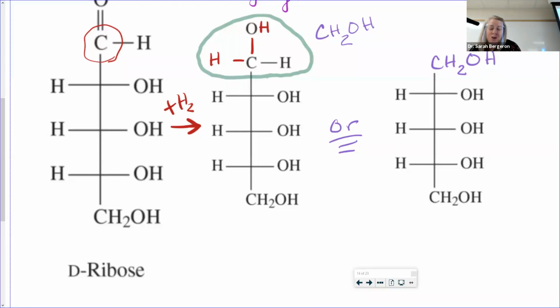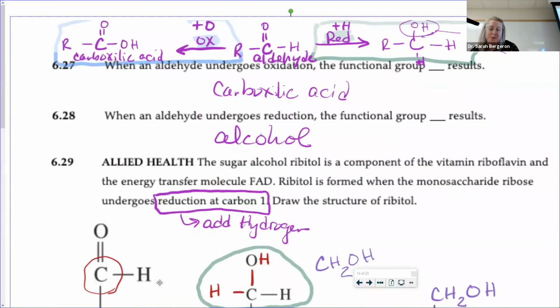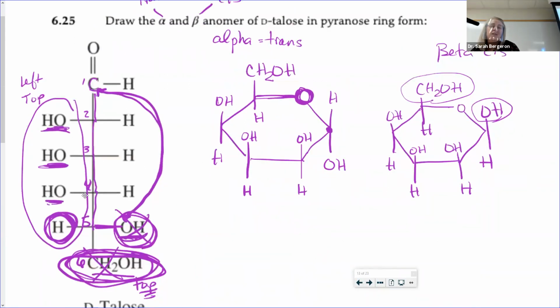Okay. Then a couple of people were asking me for a little more detailed, like, can we do this a little more slowly, converting from a straight chain to a ring? So I went ahead and made a tutorial and put it into the announcements, and I put it into the chapter 6 folder, in case you want that.